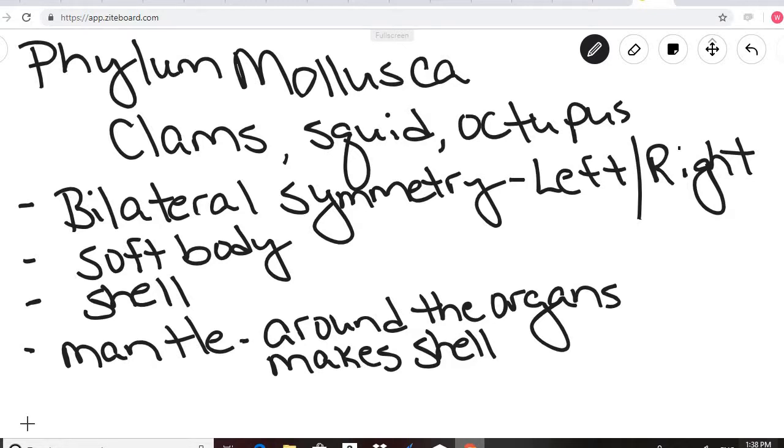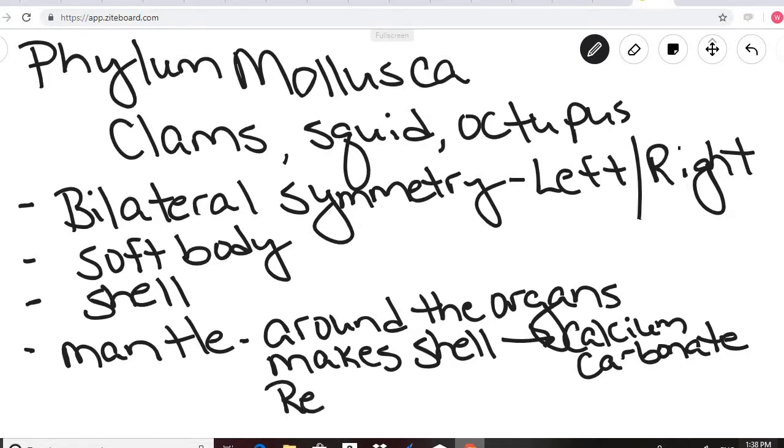So the mantle secretes calcium carbonate, and then it's that calcium carbonate that forms the shell. The mantle also is involved in respiration. So we'll see that as we look at specific organisms. So those are 4 characteristics of phylum Mollusca.